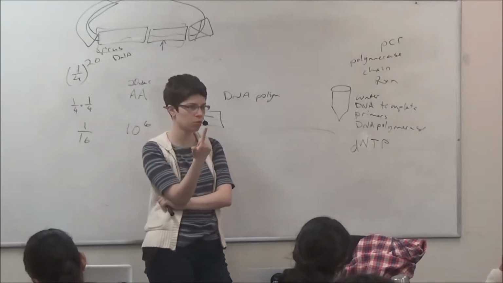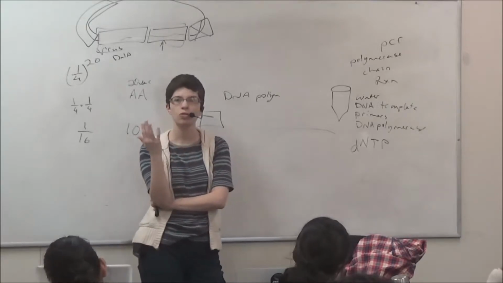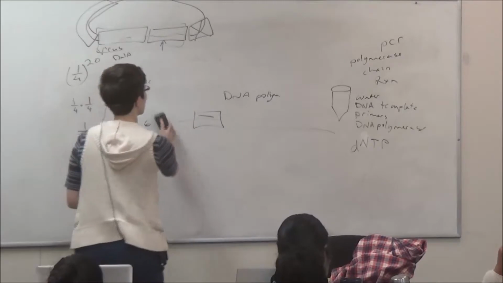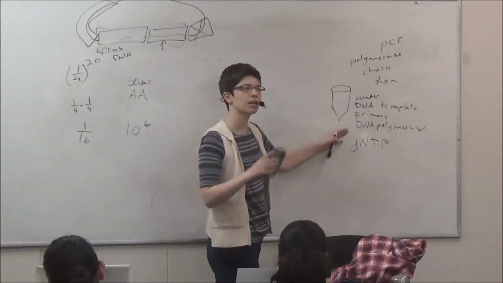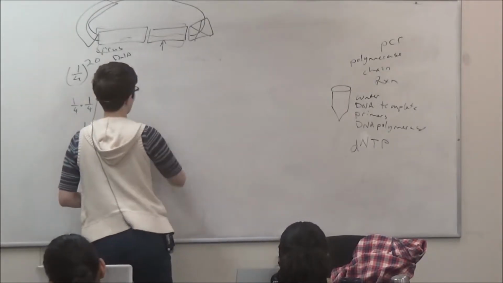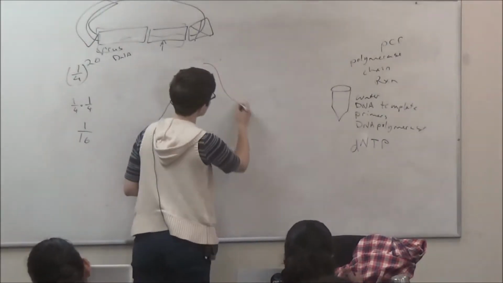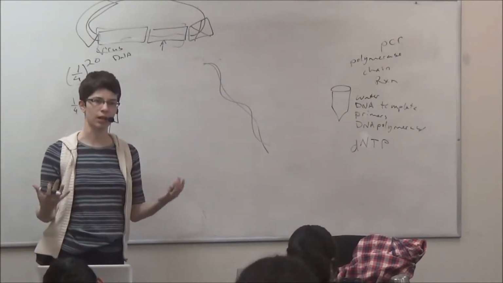Helicase, single-strand binding protein, topoisomerase, ligase, all sorts of stuff, right? Except you're not going to need any of it. This is all you're going to need because of the magic of science. Observe. You use helicase to break apart a double strand of DNA, right?